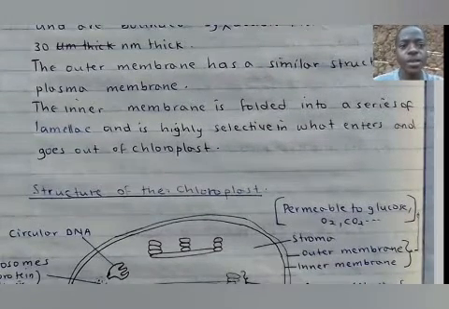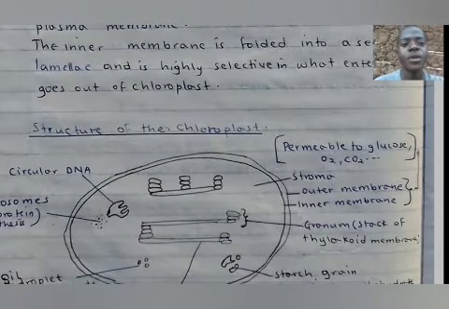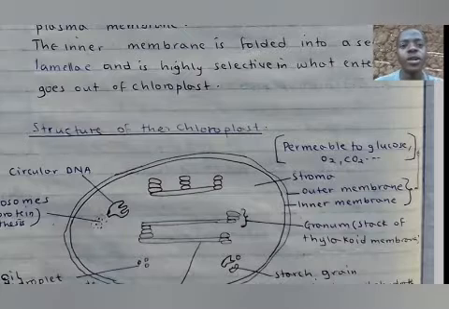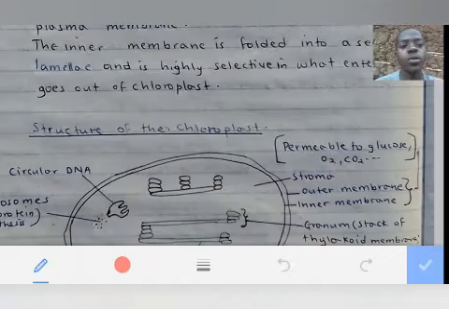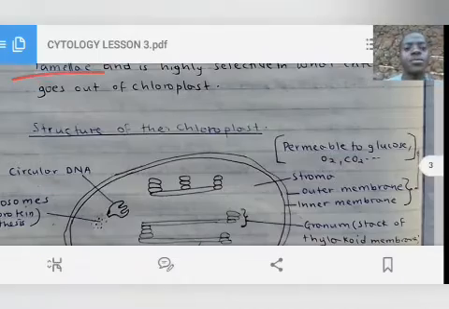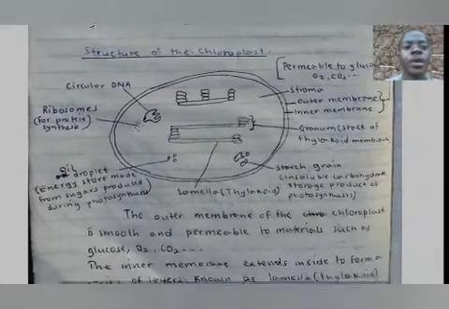Also, the inner membrane is folded into a series of lamellae, and is highly selective in what enters or goes out of the chloroplast. So now, this is the drawing showing the chloroplast.